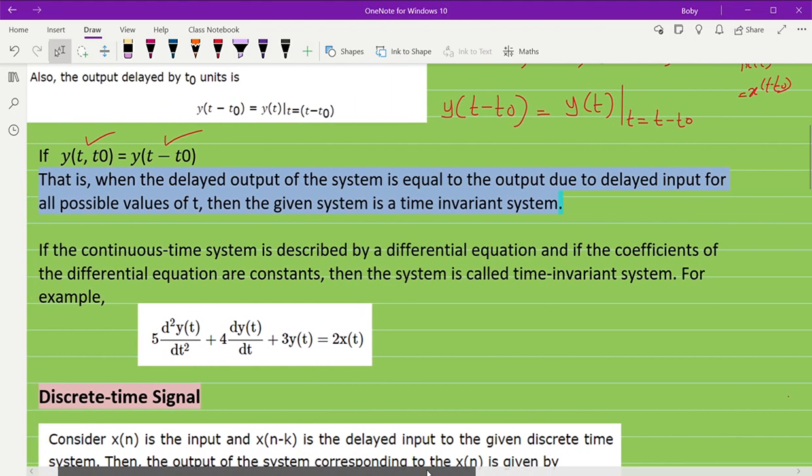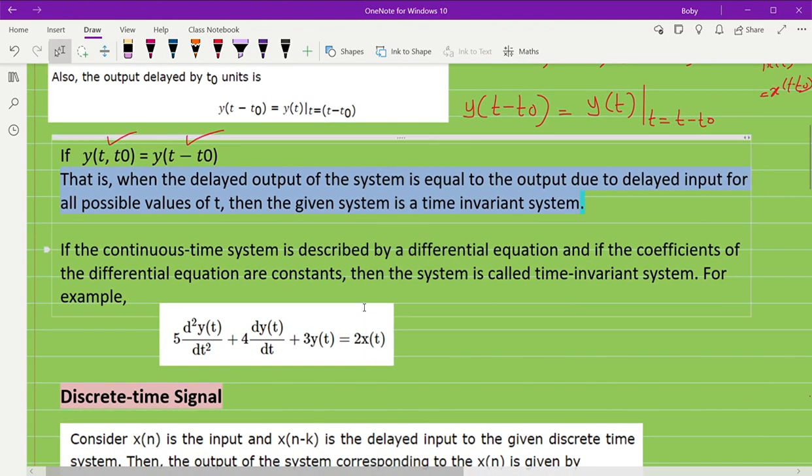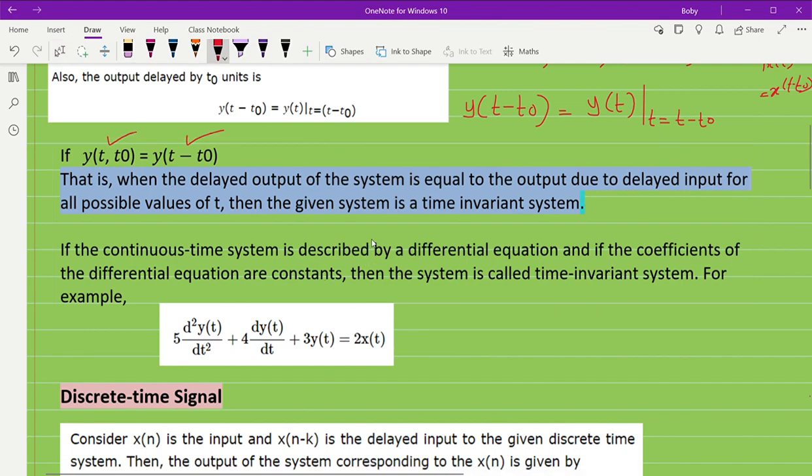In an equation of this form, the coefficients are 5, 4 and 3, and you can see 2 here. If the coefficients are constants, then the system is time invariant. So to find out whether a given differential equation is time invariant, we simply look at the coefficients. If they are constants, the system is time invariant.